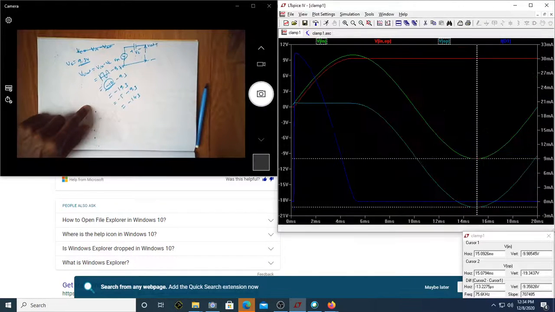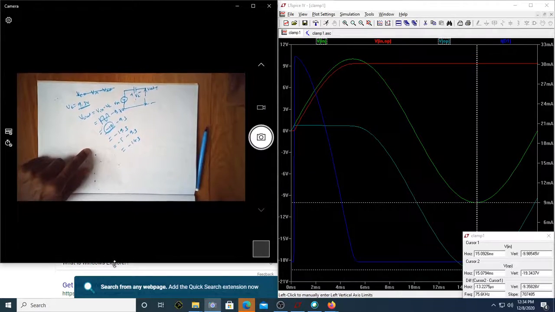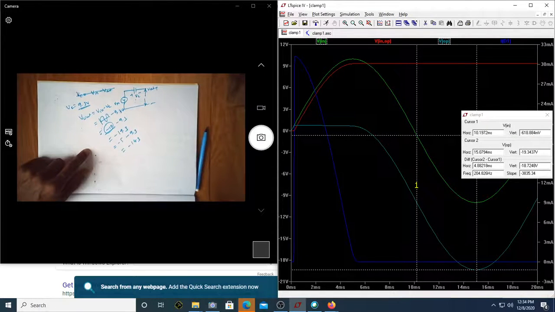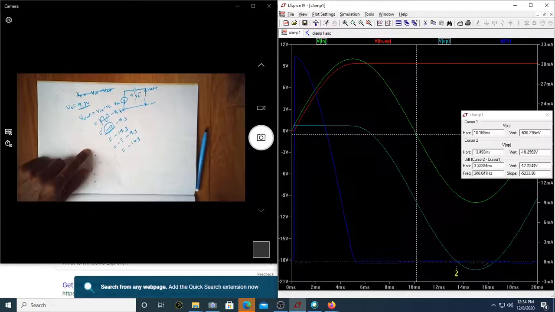See when the input voltage is minus 10, this is moving on the input voltage. Can you see the corresponding output? Input is minus 10, you can see it's almost minus 19.3. If the input is 0, this is at minus 9.7.